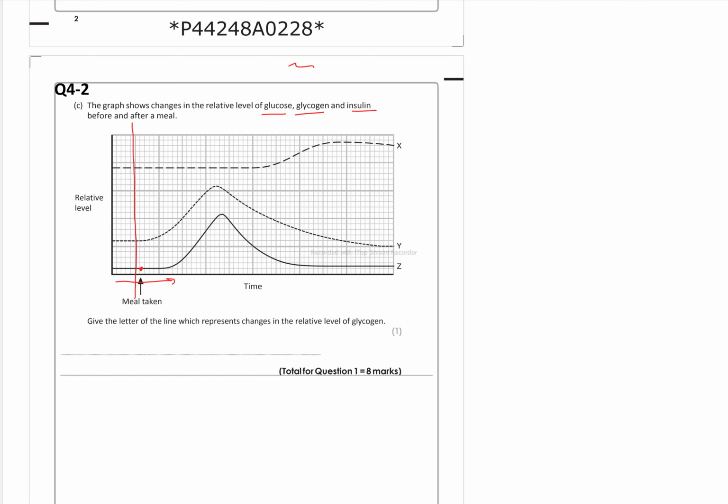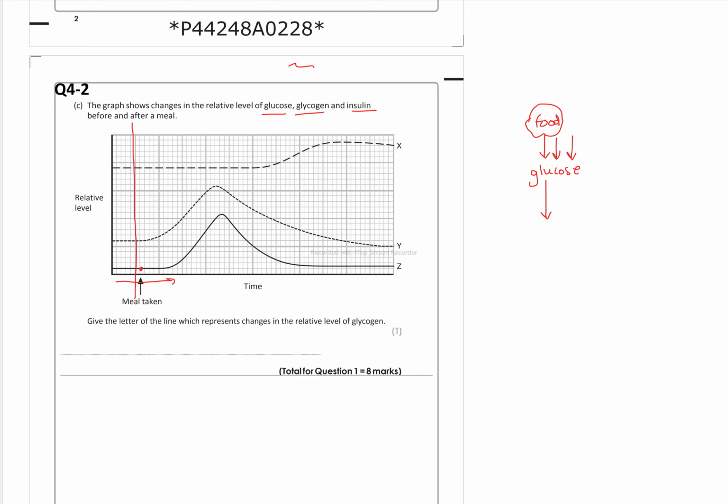Remember what happens: your food gets digested and absorbed into the blood, let's say as glucose. Your body starts using glucose and it's still being absorbed. So your body doesn't need too much glucose.